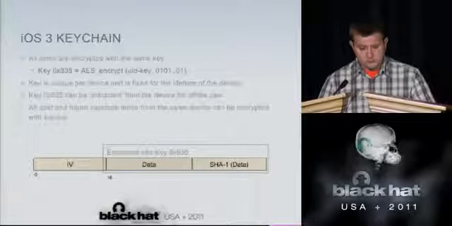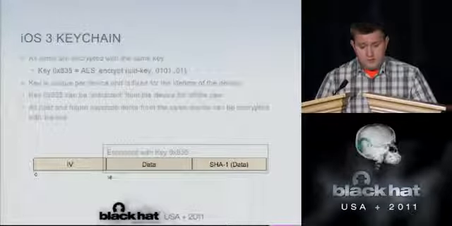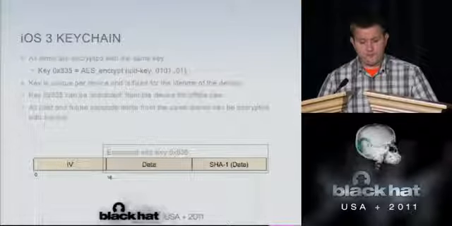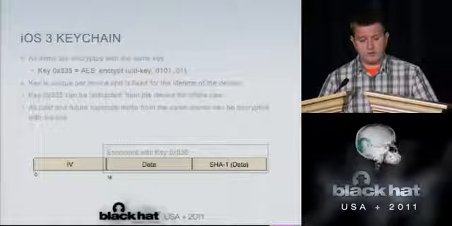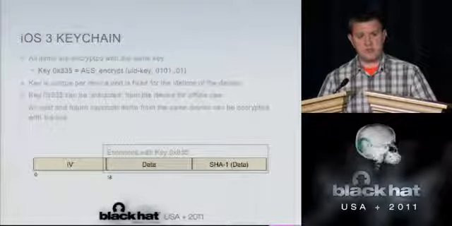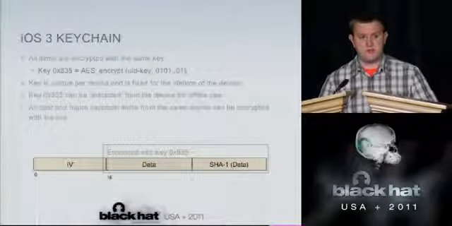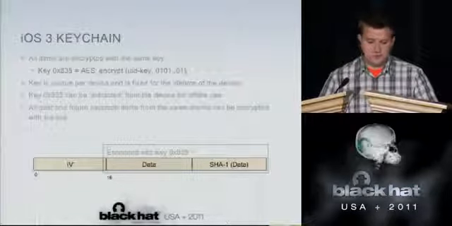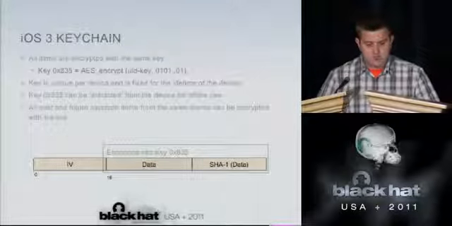So, in fact, since all the keychain items were encrypted using this key, it meant that all past, current, and future keychain items for the given device can be decrypted if you manage to get this key. This is not a very good thing to do.